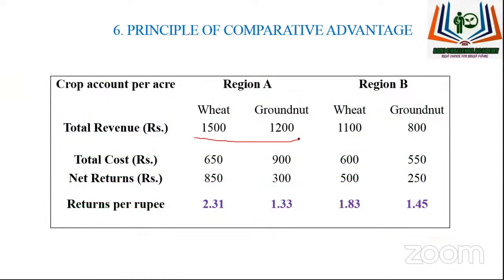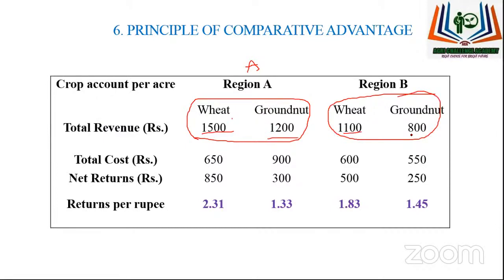Remember these things. Region A, Andhra, has the complete advantage compared to Tamil Nadu, because here it is 1500, 1100, 1200, 800 in monetary terms. In physical units, wheat production per acre gives 10 bags of output.